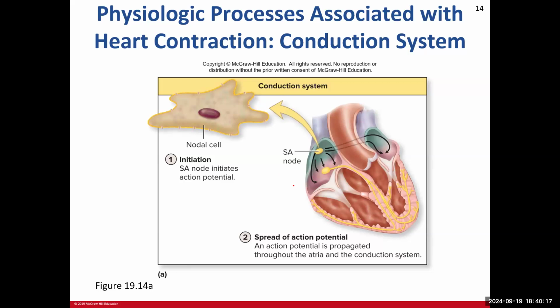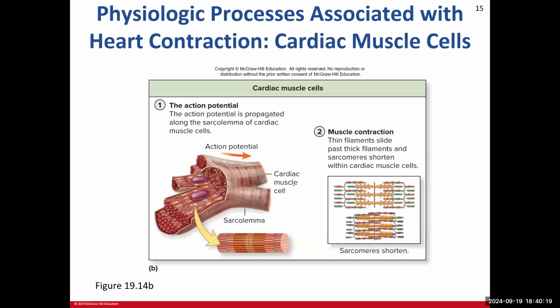Good so far? Okay. Then with our cardiac muscle cells here, right, they're going to have their action potential, which is going to cause them to depolarize. And when they depolarize, they're going to be followed by a muscle contraction. So that's what we'll see, right? Those cross bridges forming, and then we'll see that shortening of the sarcomere.